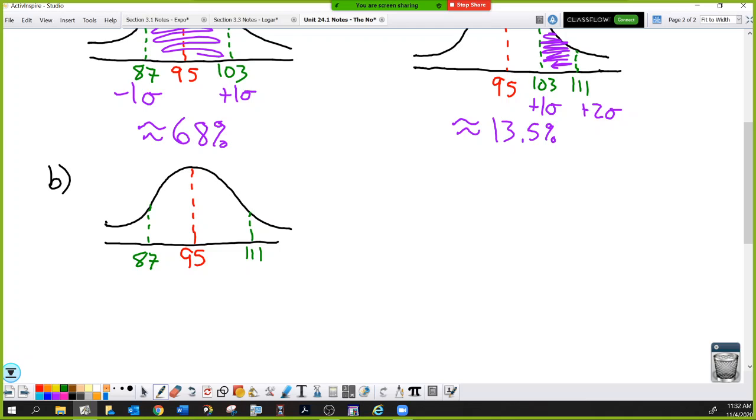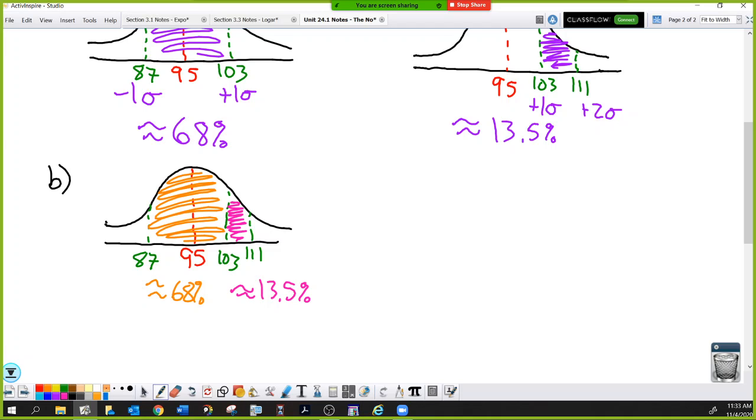So how would we do this? Well, the first thing we did was find 87 to 103. We found that 87 to 103 was about 68%. And we found that between 103 and 111 was about 13.5%.